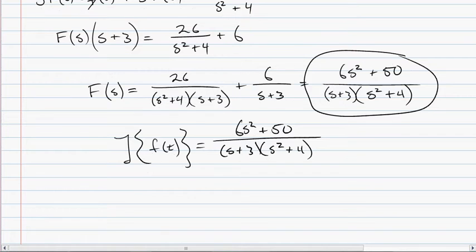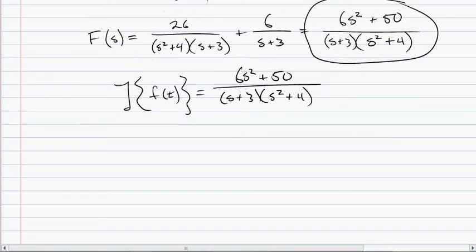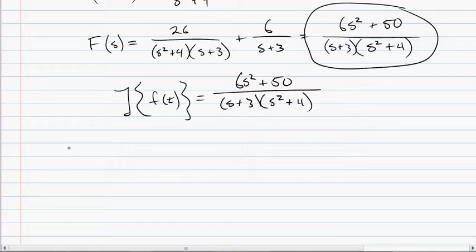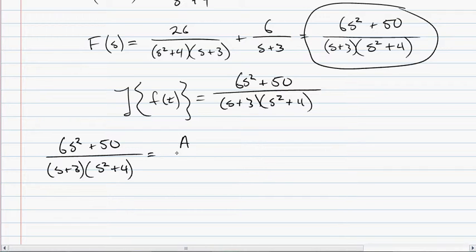And for that we're going to do a partial fraction decomposition. So we're going to write 6s squared plus 50 over s plus 3 and s squared plus 4. This is going to be equal to something over s plus 3 plus something else over s squared plus 4.